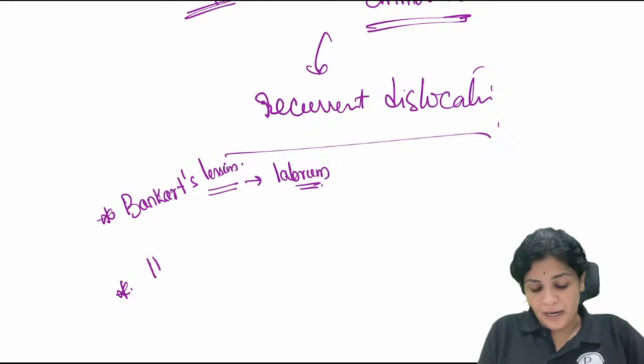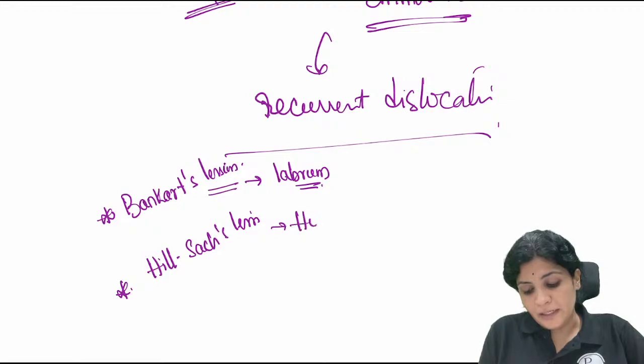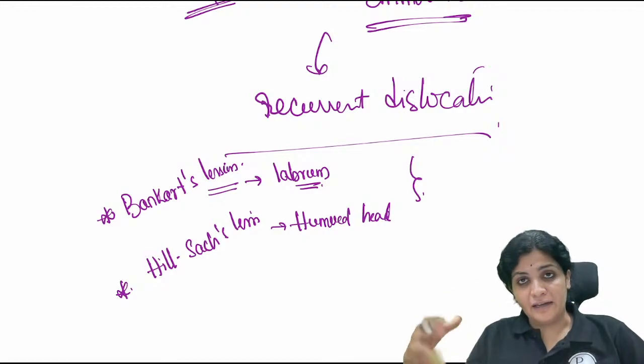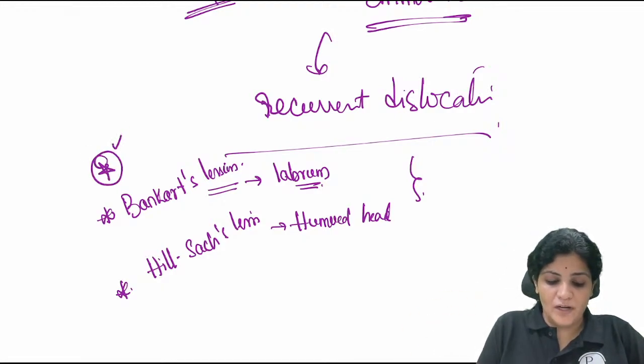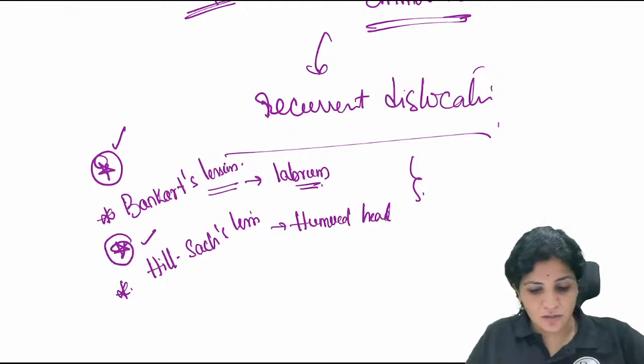The second one is the Hill-Sachs lesion. In Hill-Sachs lesion, there will be a problem in the humeral head. So there will be a dent in the humeral head. So these two are the complications of recurrent or habitual dislocations. So you have to remember these two. One is Bankart's lesion. The second one is the Hill-Sachs lesion. Understood?